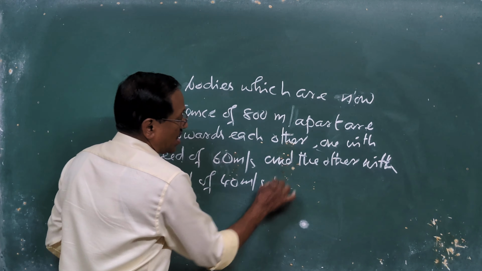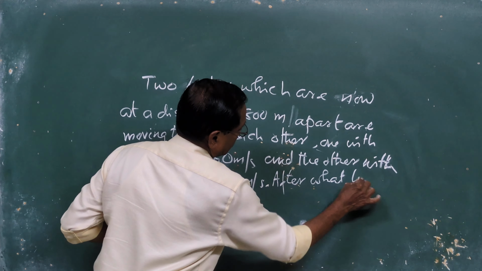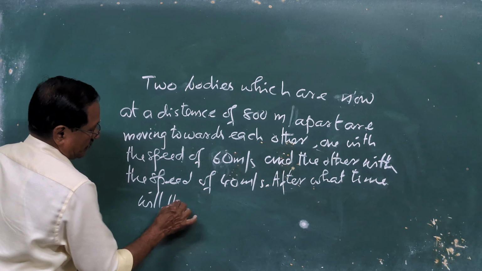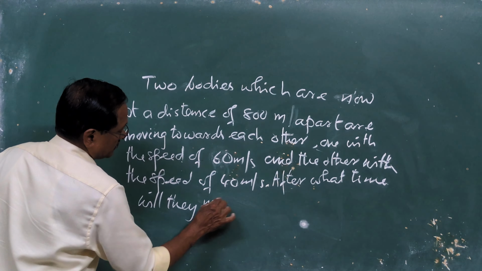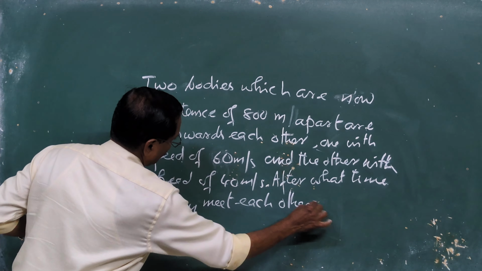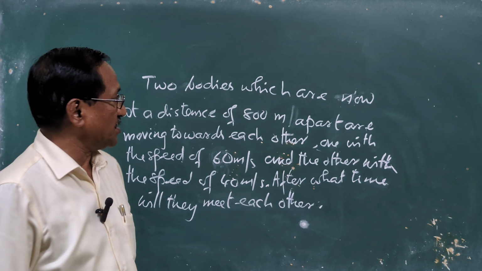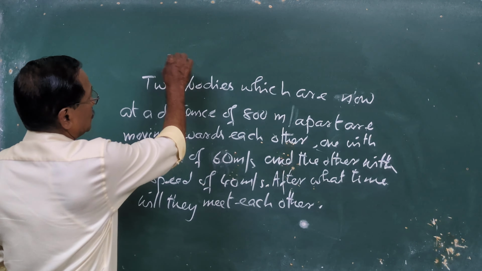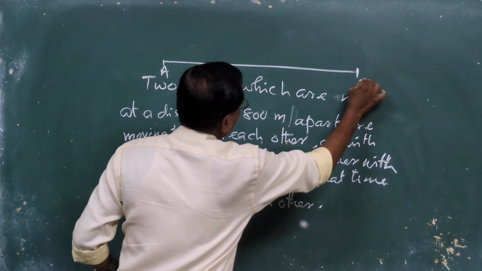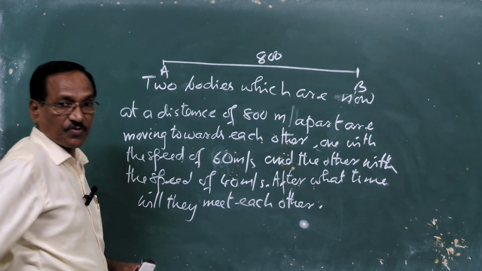Now the question is, after what time will they meet each other? Let the bodies be A and B. These two are at a distance of 800 meter apart.